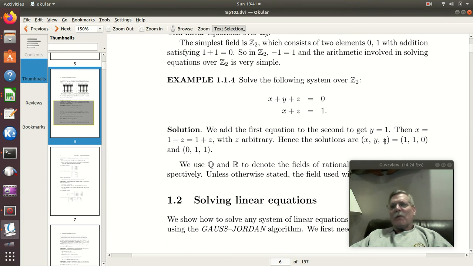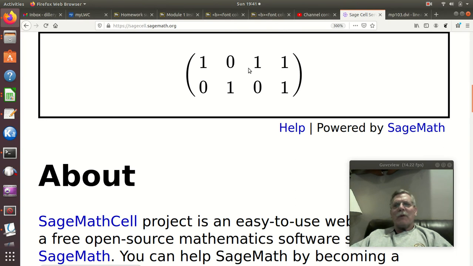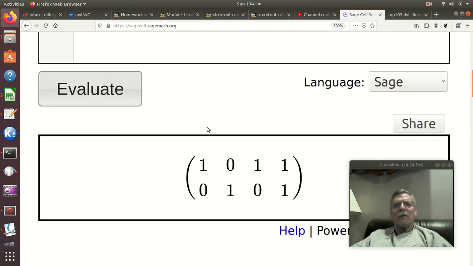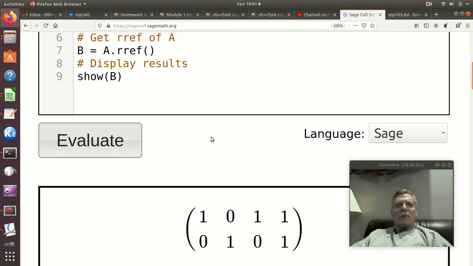And then they went through and they got the two possible solutions, since Z is arbitrary, but in Z2 it can only take the values of 0 and 1. Okay, so we get those solutions. We can read off that reduced row echelon form right there though, so this can do the calculation for us in Z2, so that's great.